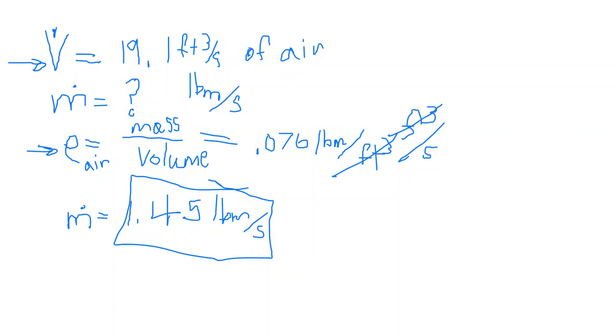If we don't know the density, we'll solve for volume. And then we'll solve for m dot using volume and volumetric flow rate and something else. We'll figure it out. We may know the mass of the object. So, all right.